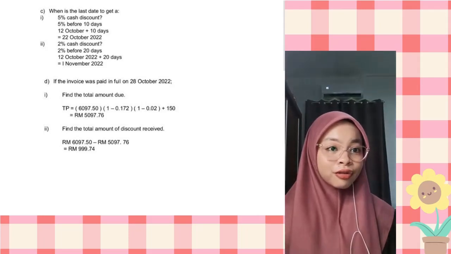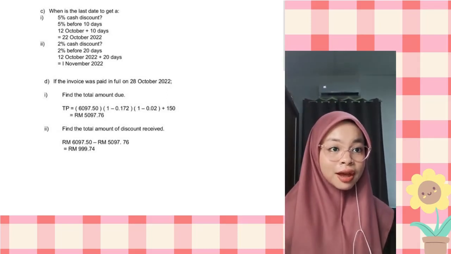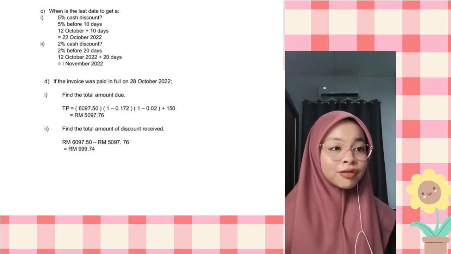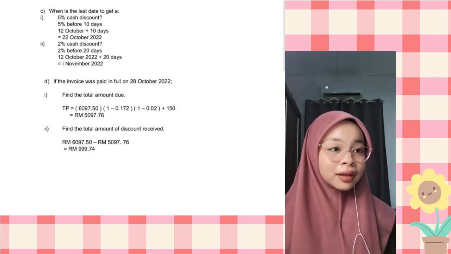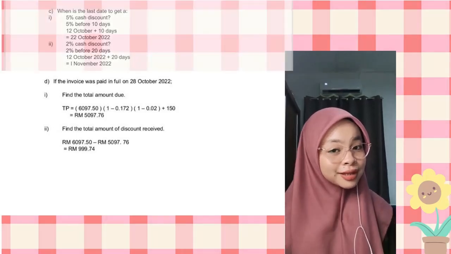And lastly, for question D2, to find the total amount of discount received, you just have to subtract 6,097 ringgit 50 cents and 5,097 ringgit 76 cents, and you will get 999 ringgit 74 cents for the answer.